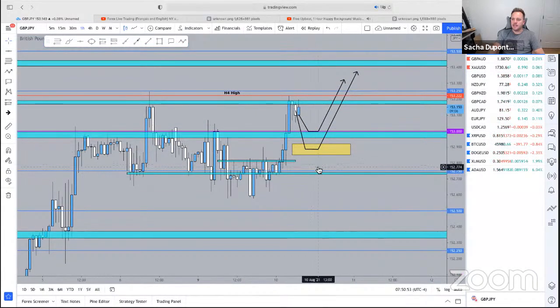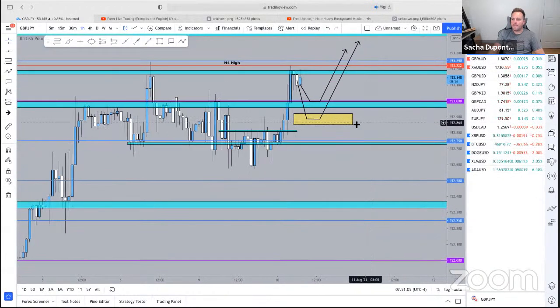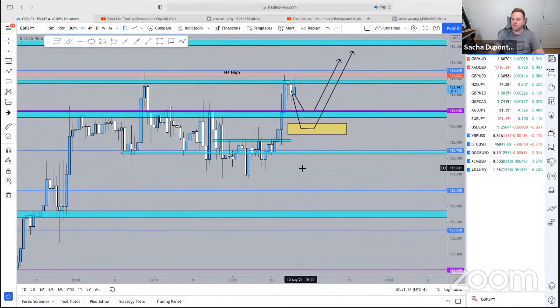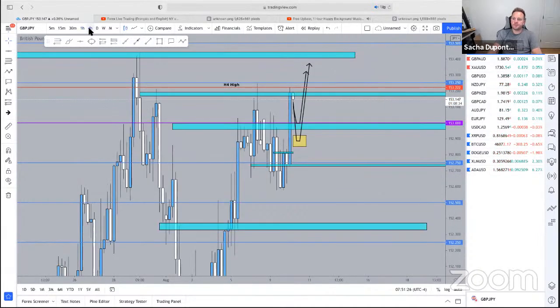But until then, it's not worth it because we're above here. If it was in a range, I'd be like, I'm going to be buying here, I'm going to be selling here. But here, I'm mostly looking to buy, right? If it comes down under this area, that's going to be a different story. Sometimes I'm open, I'm not fixed to one idea, but most of the time I try to trade with the trend.